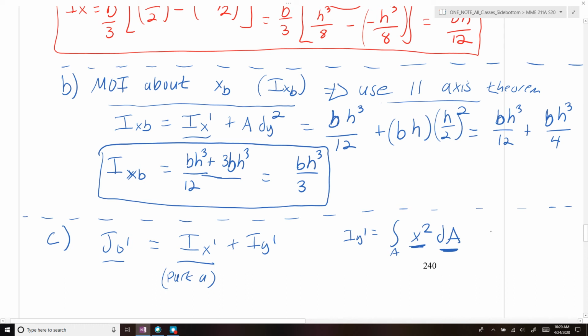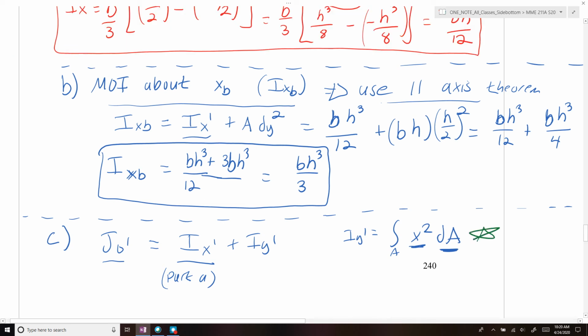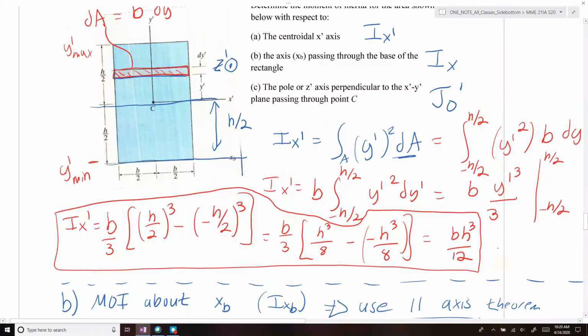So we're going to go back to our diagram here, and I'm going to draw another differential element, this time going along the vertical axis. And what we can say here is that dA is going to be equal to the height times dx.